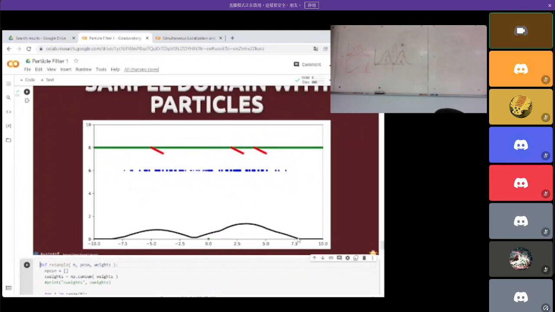I still end up with a small probability, even smaller, because when I move them, the uncertainty increases. Eventually, there's a couple of particles that have a high probability, and all the other ones are going to have a very small probability. So the particles are going to die out over time.